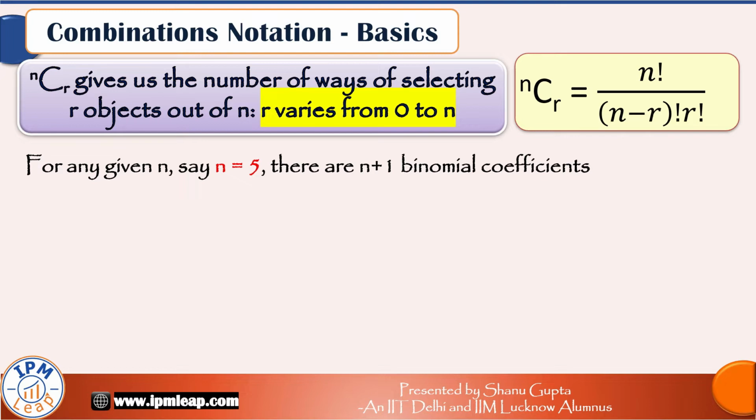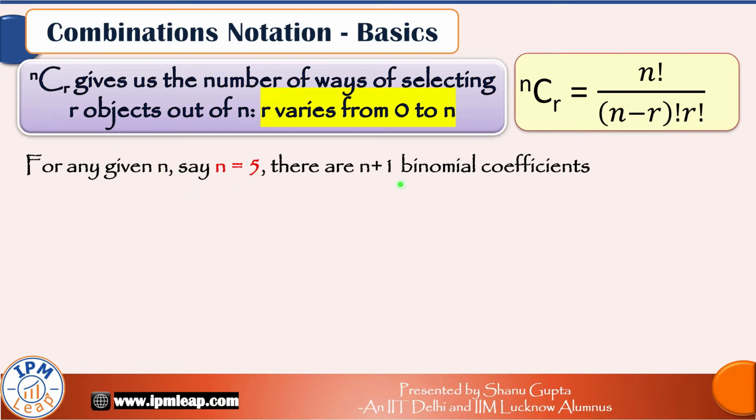Now let's explore the combinations notation further. The nCr's that we use in the combinations formula are also known as combinatorial numbers and more popularly as binomial coefficients. For any given n, there are n plus 1 binomial coefficients.